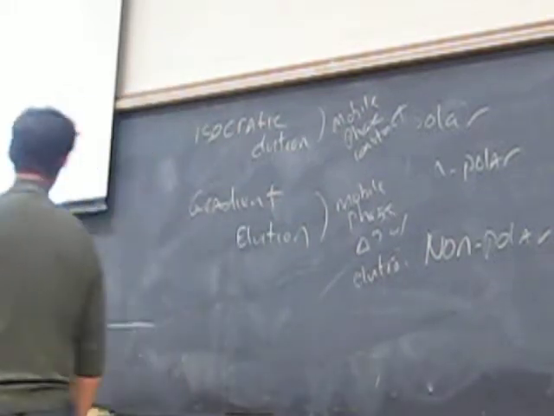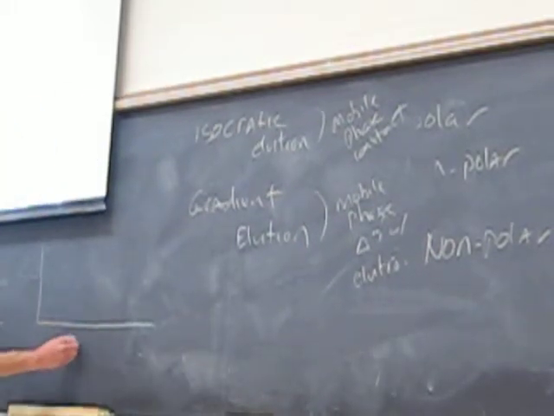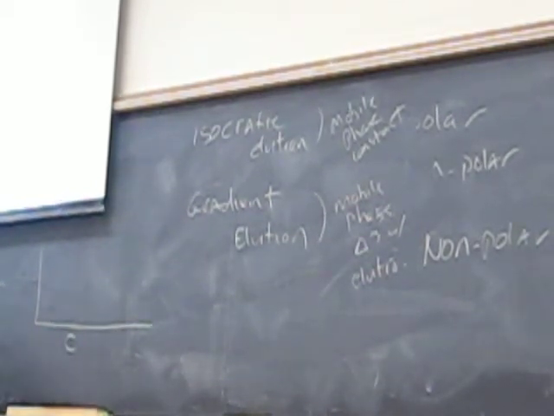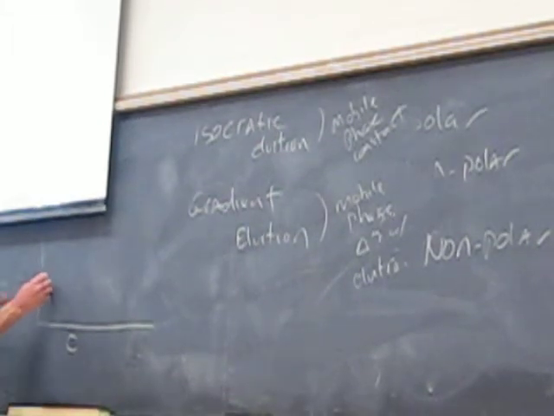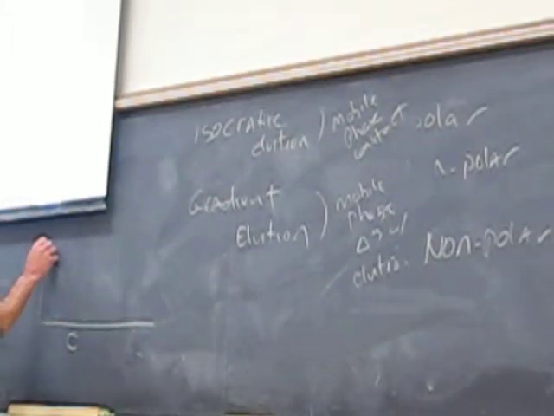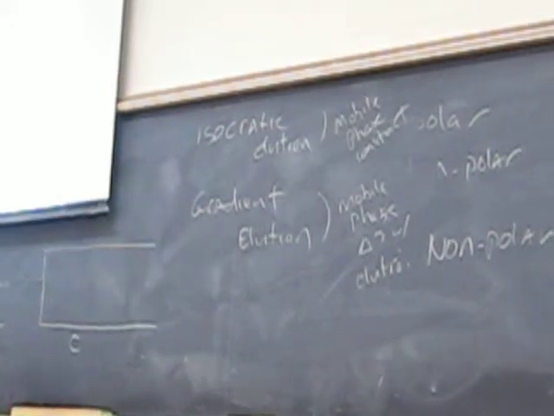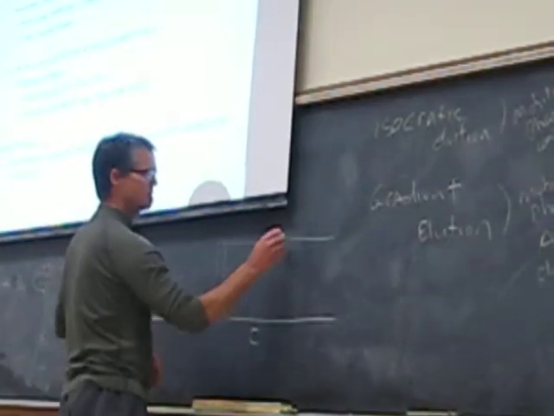So if I were to draw this chromatogram, the composition of the mobile phase over the elution time, the elution profile, if I was doing isocratic, and I'll draw it up here, isocratic would look like that. It's constant. Right? You have one reservoir. So this is isocratic.